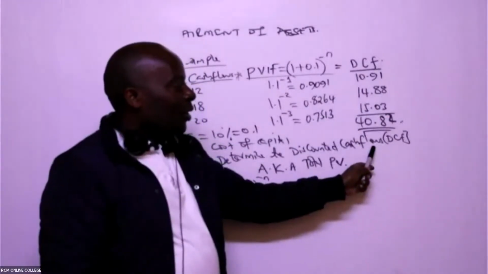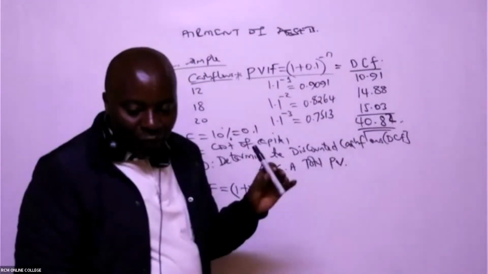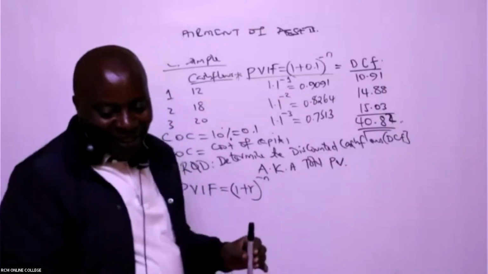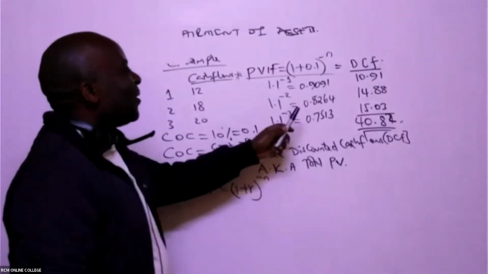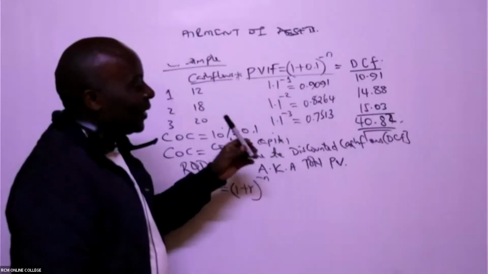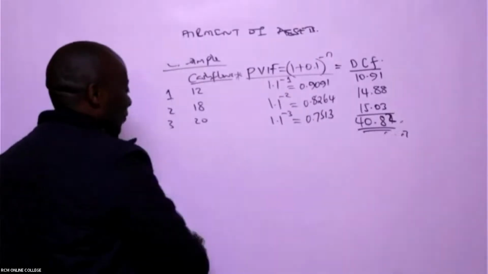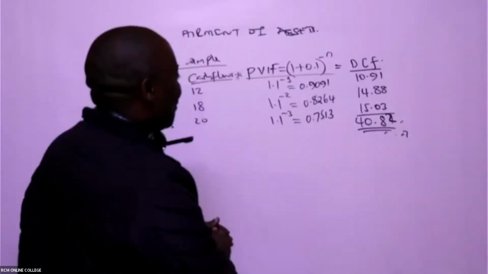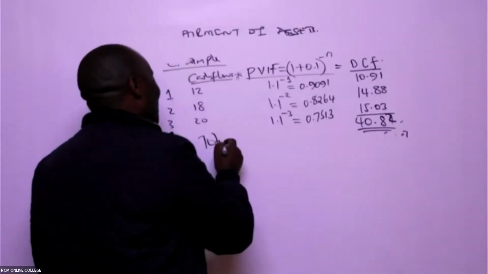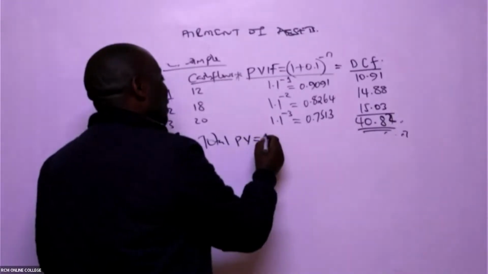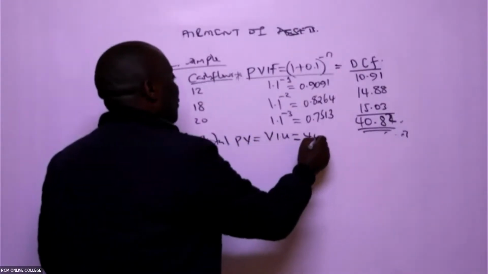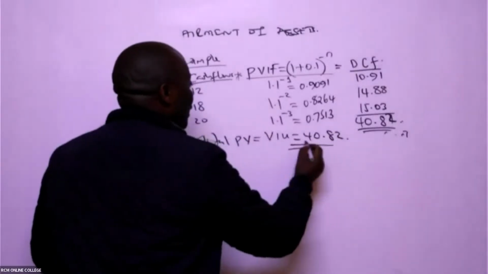Basically, this will be our value in use. This total discounted cash flow, the total PV, is the same as value in use. It's 40.82. Thank you so much.